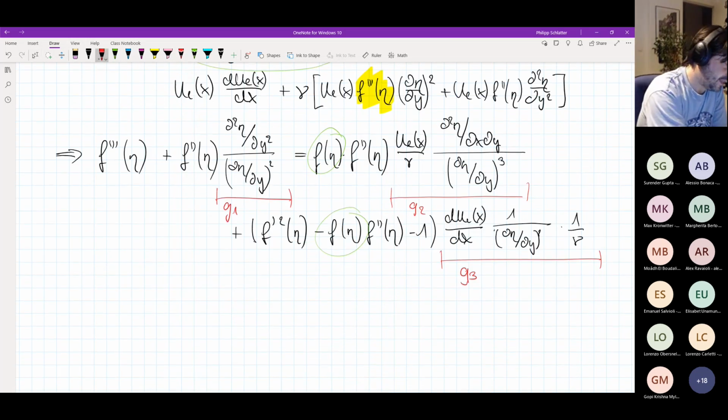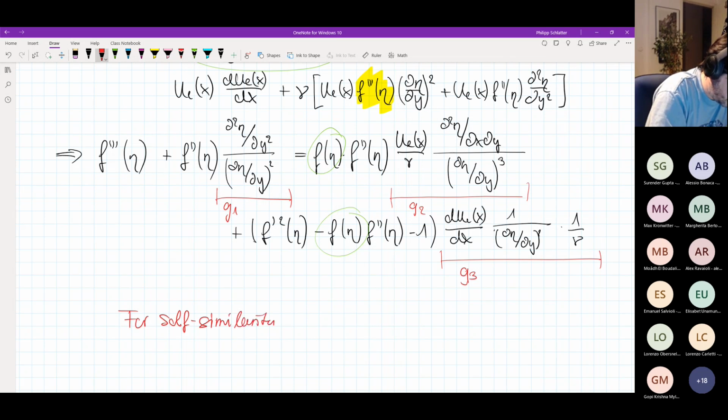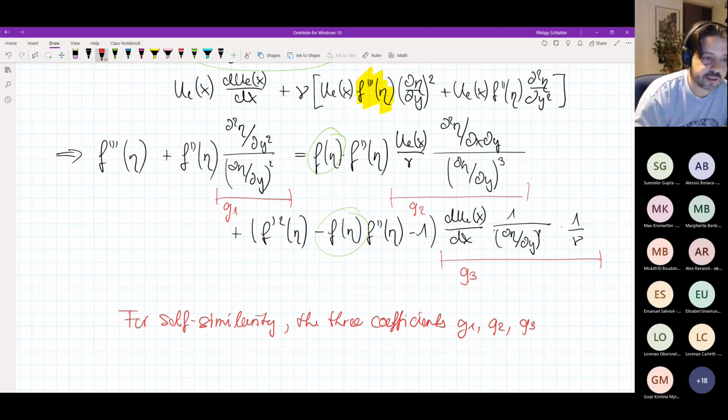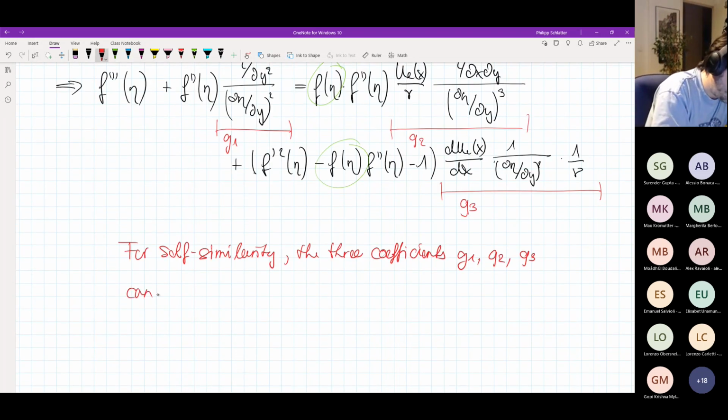Okay, but now the important realization here is that for self-similarity, the three coefficients G1, G2, and G3 can only depend on eta, but not on x and y.